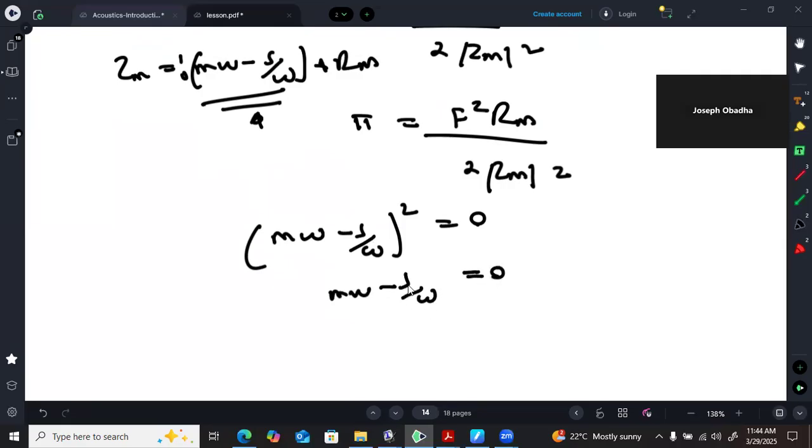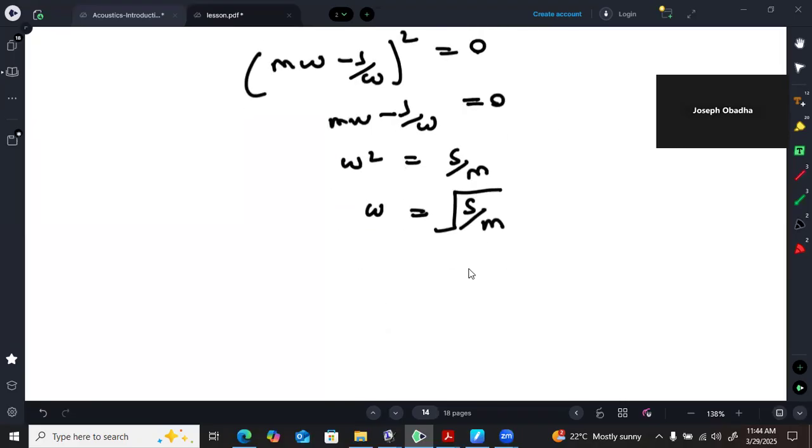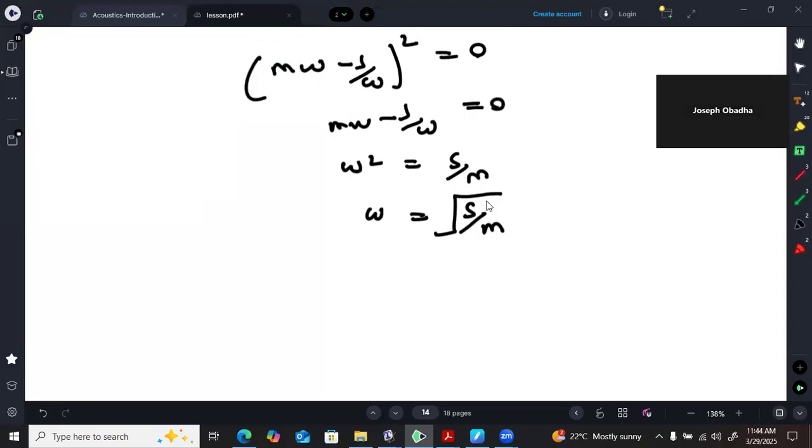And if you work this one out, then you'd have omega squared equal to s over m, or omega is equal to the root of s over m. And you can remember this expression. It is what we had equated to the fundamental frequency of oscillation. So we had equated this to omega naught.